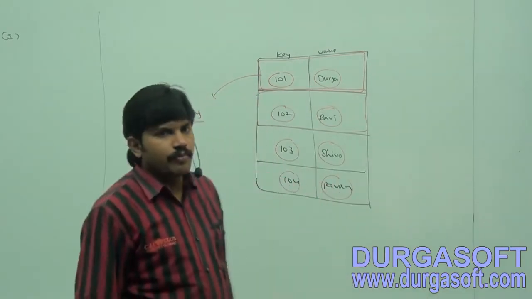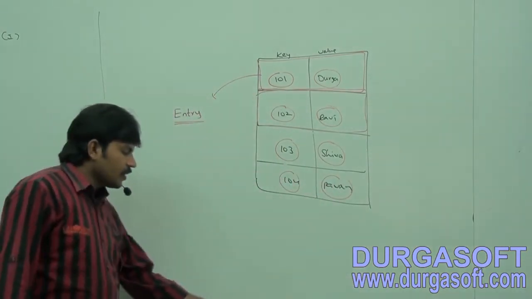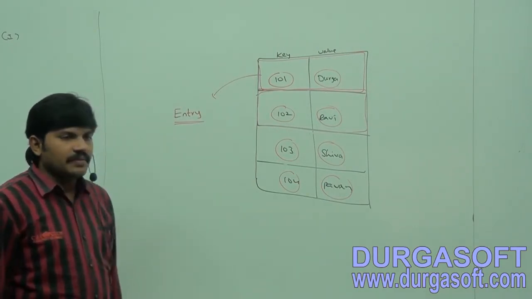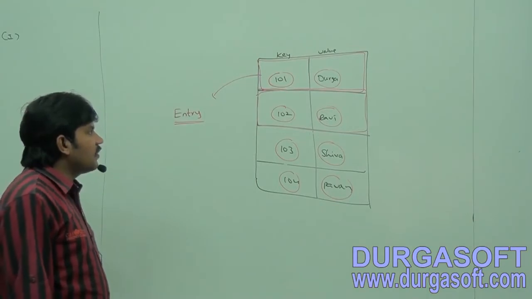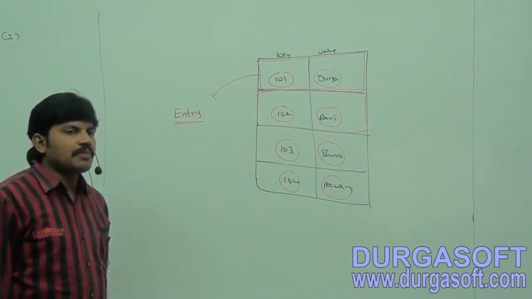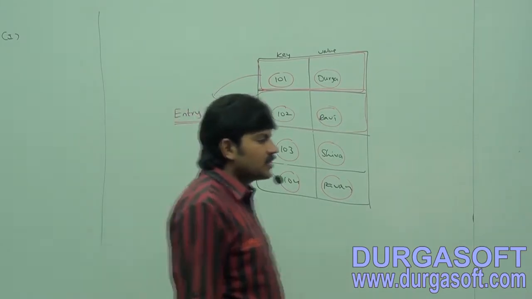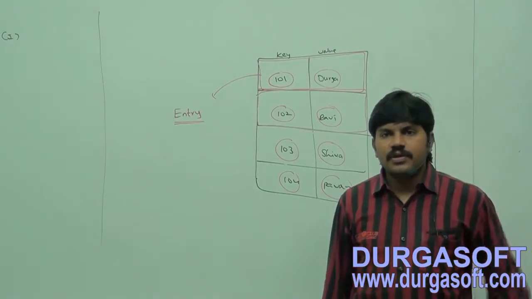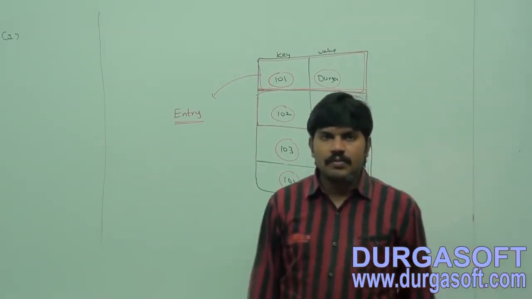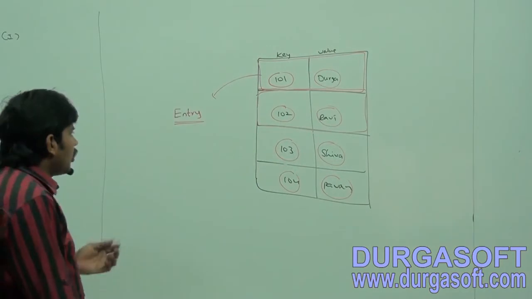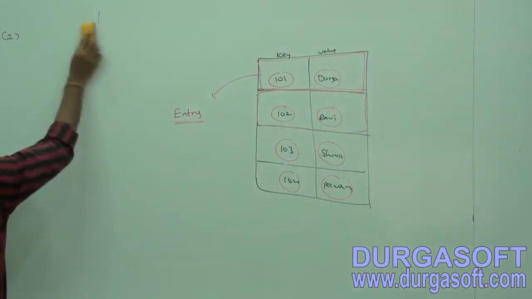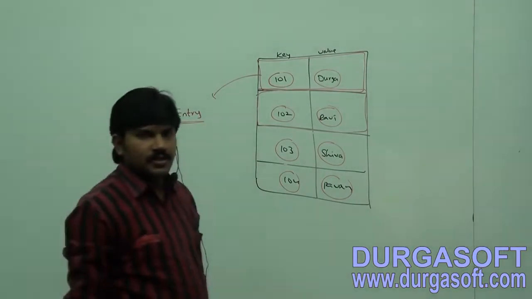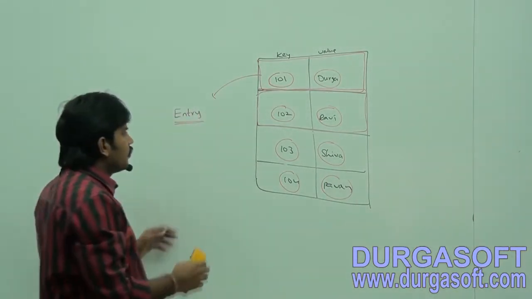Hence, map is considered as a collection of entry objects. Okay, that's all. So it's clear for all of you, right?